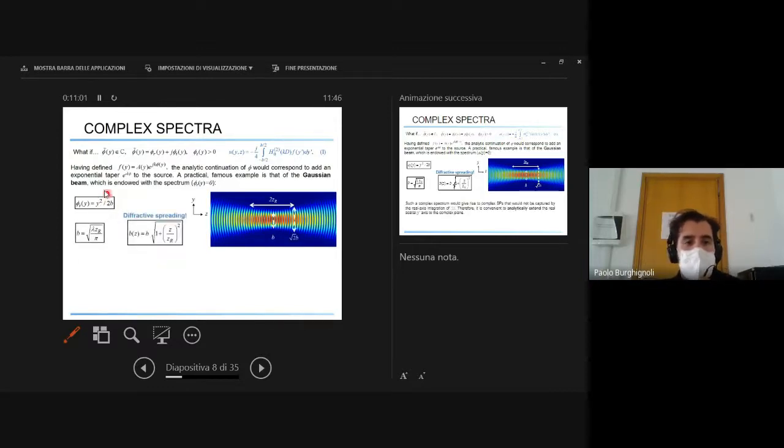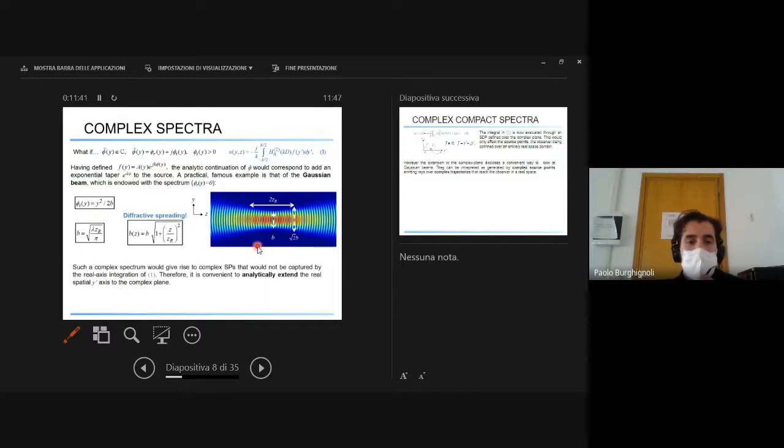Provided that you use this expression for the imaginary part of the phase, you have a nice formula that tells you how the diffractive spreading of the beam as it propagates is related to the aperture of the source. Basically, as you propagate to a distance called the Rayleigh distance ZR, the beam width of this Gaussian beam is spread by a factor proportional to the square root of 2.